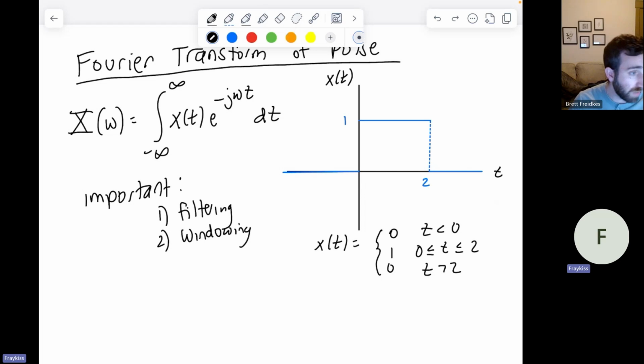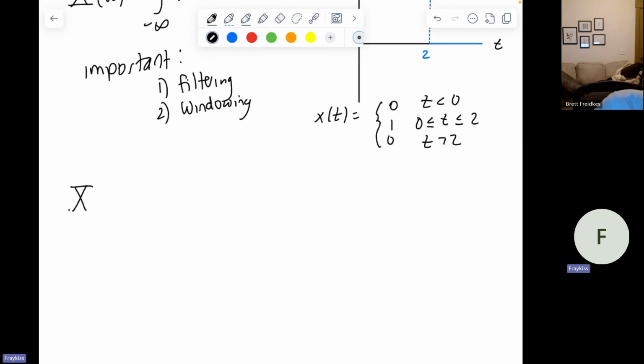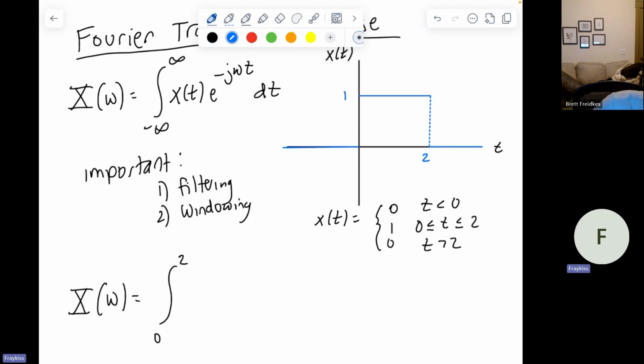Which means that our integral now can become the integral from 0 to 2 instead of negative infinity to infinity. And if we compare, this x of t is going to be 1 inside of that range of times between 0 and 2.